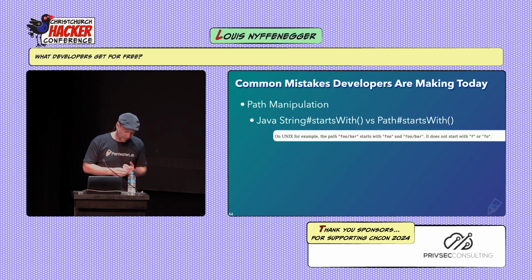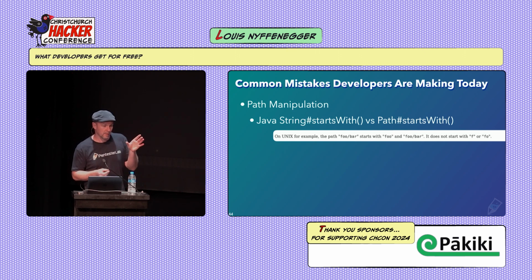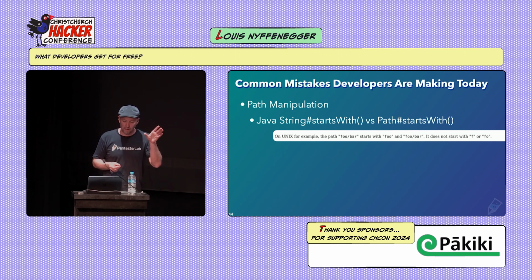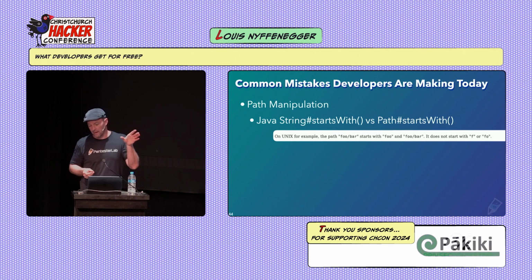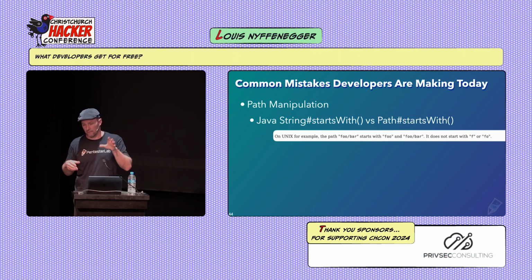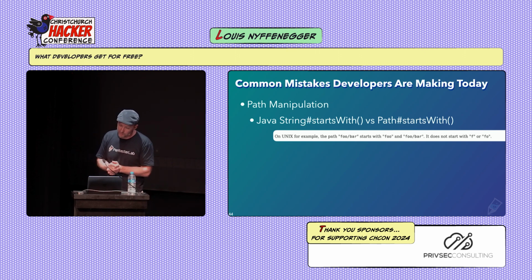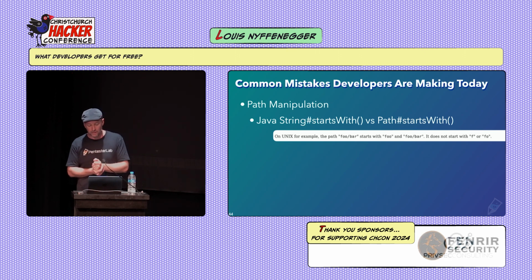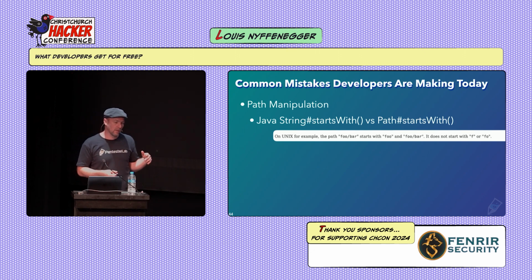When people manipulate paths in Java, they either use strings and ask, okay, does my path start with /var/www, using a string to do that. Another option is Path.startsWith, and that will actually understand what a path is.